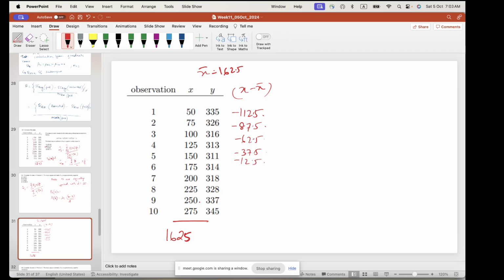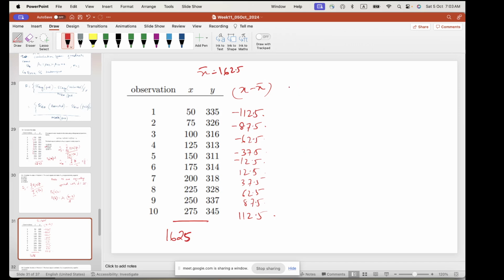Then we have 175 minus 162.5, this is again 12.5. Then again 37.5, then again 62.5, then again 87.5. And lastly 275 minus 162.5, this is 112.5.